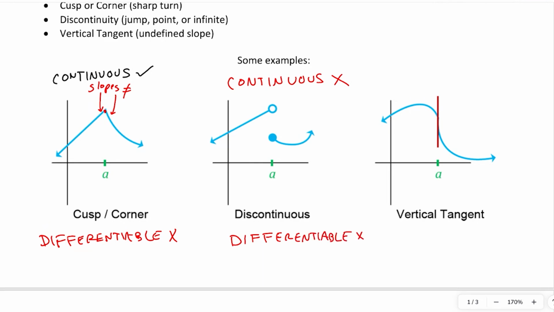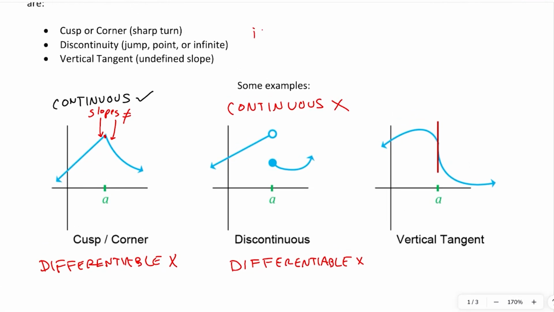This is actually what's known as the contrapositive of the statement differentiability implies continuity. So what I'm saying is, if a function is differentiable, then we can say it's continuous.